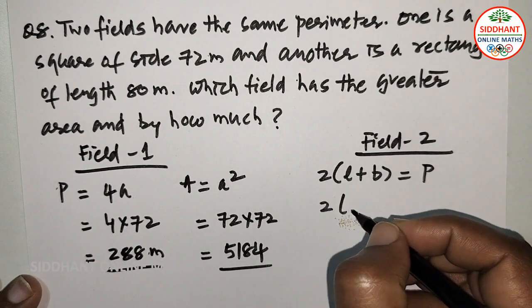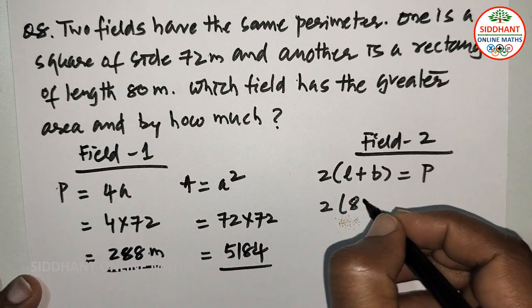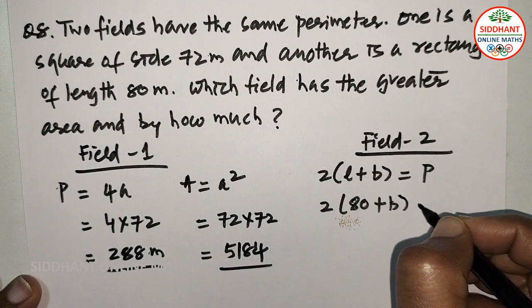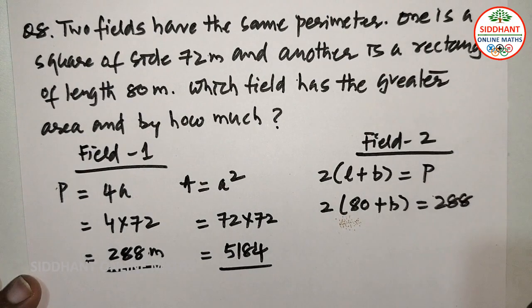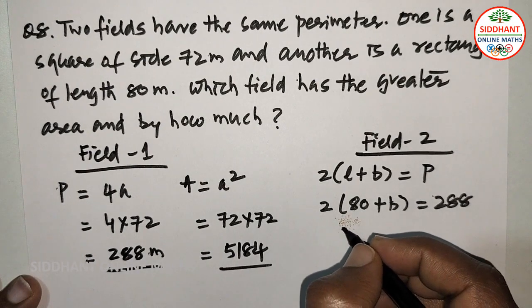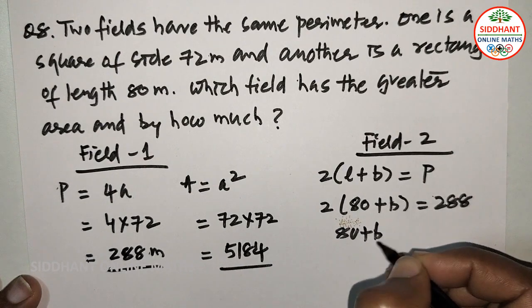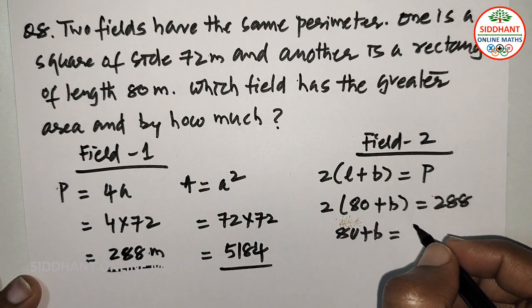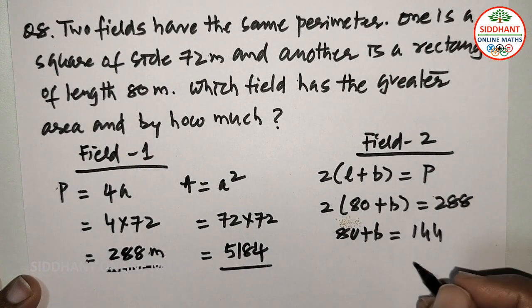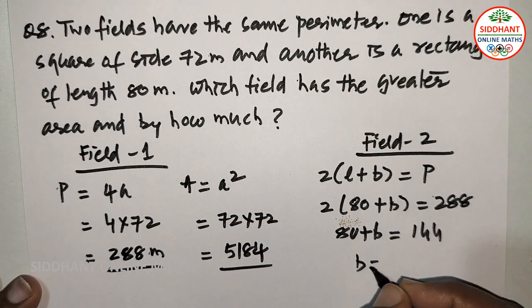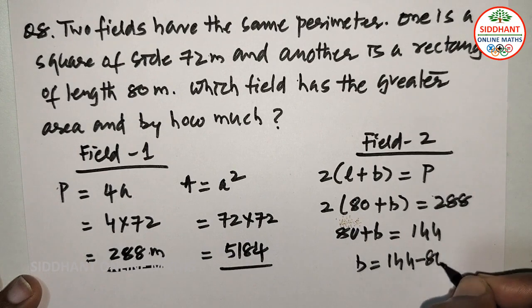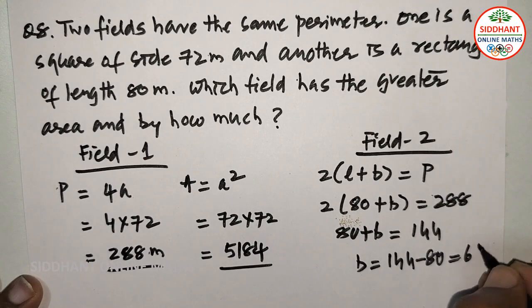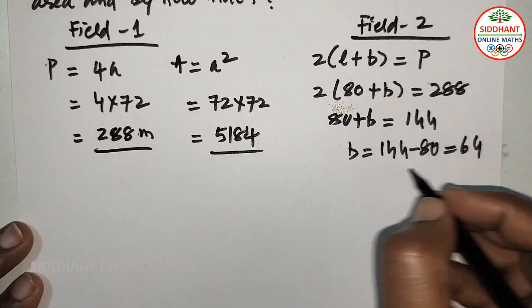So the length is given here, that is 80, and we are going to find out the breadth, and perimeter is same, that is 288. So when you are going to see 80 plus B, so that will be 144, and B is equal to 144 minus 80, so that will be 64, and B is 64.